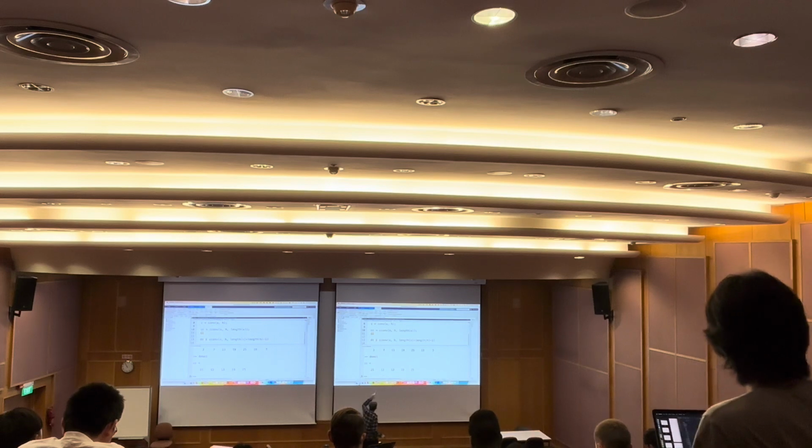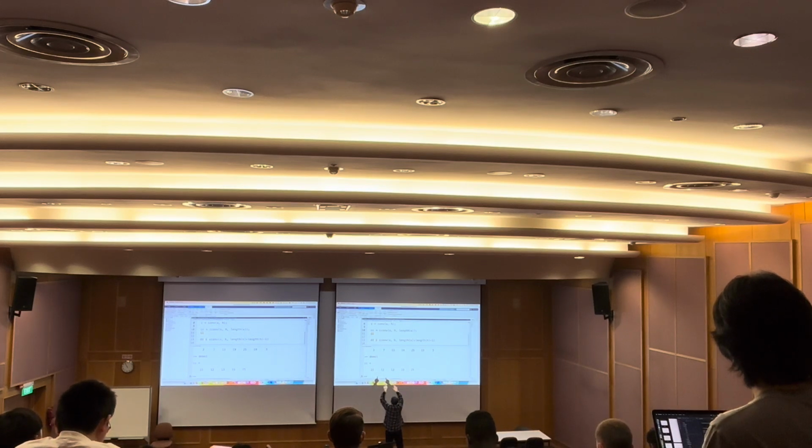That means x will be given by the original 5 numbers plus 2 zeros, and h will be given by the original 3 numbers plus 4 zeros. Once you do that, you can see that the circular convolution result will be the same as the linear convolution result.